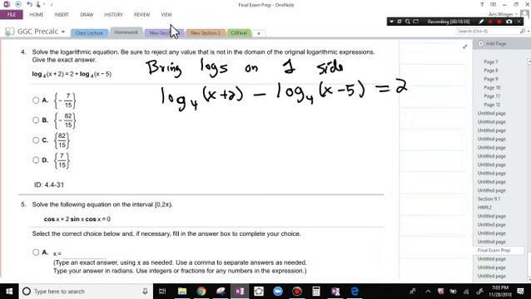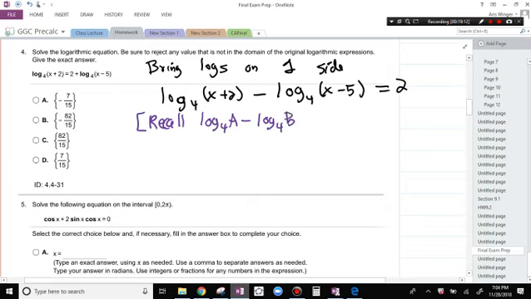And here we're going to recall a log rule: log base 4 of A minus log base 4 of B equals the log of A over B. Subtraction turns into division. Using this rule, called the quotient rule, you bring the logs together.